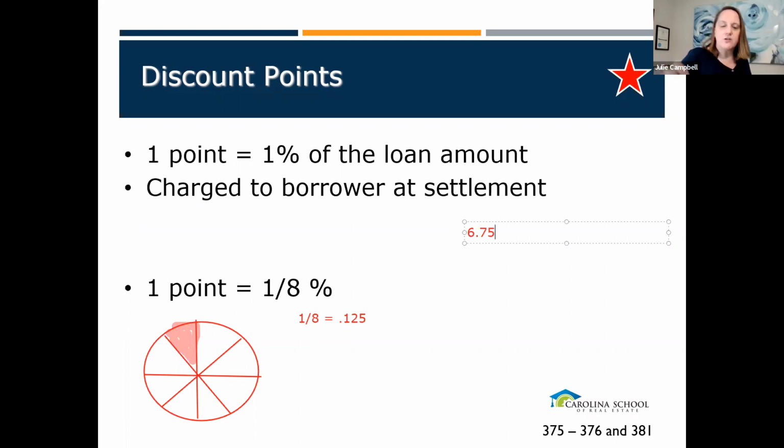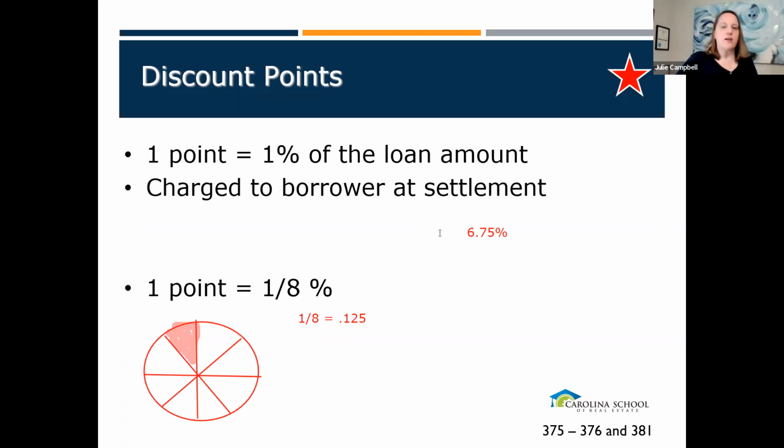So for example, your buyer is quoted an interest rate of 6.75%. The lender says, we'll give you an interest rate of 6.75%. And your buyer says, I want a lower interest rate. Is there anything you can do about that? And the lender says, well, you can buy some discount points. You can bring me some prepaid interest to closing, and you can buy down your interest rate.